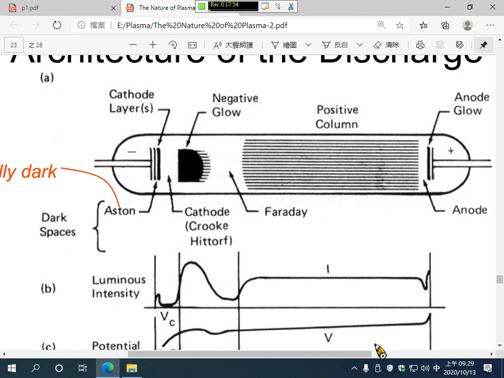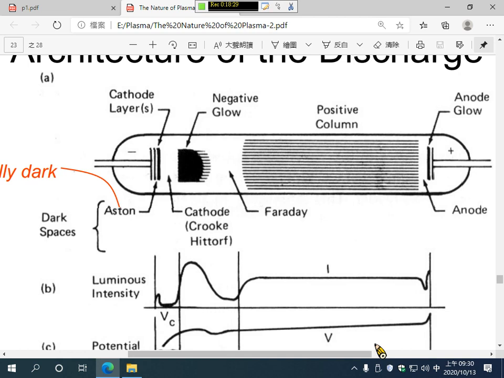In this region the electrons become thermalized, and their energy distribution function looks like this, with a small amount of high energy electrons in the high energy tail region.